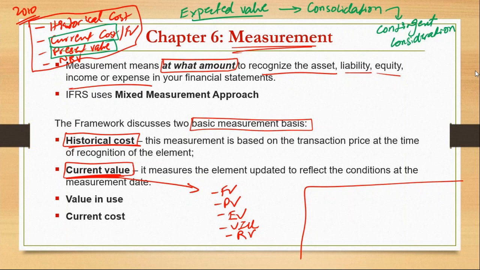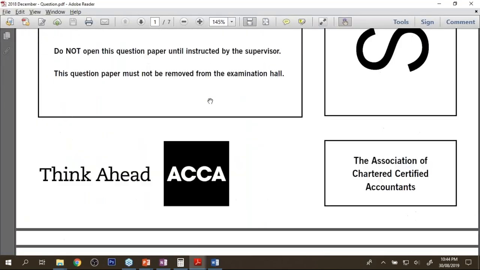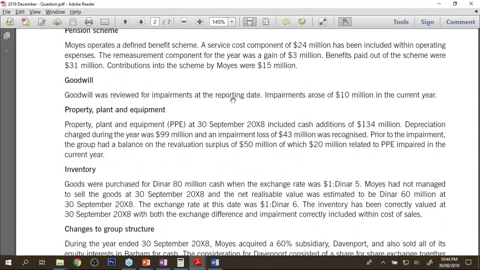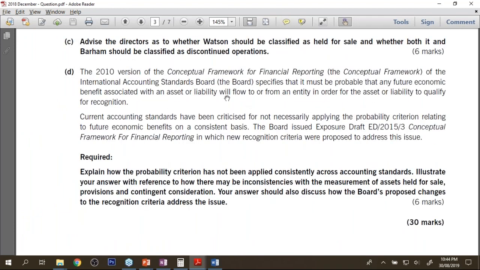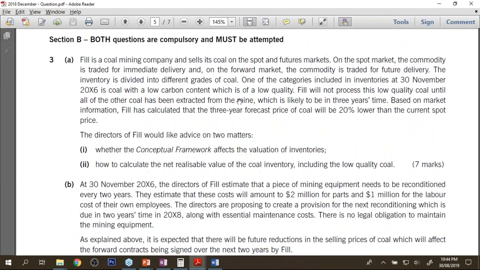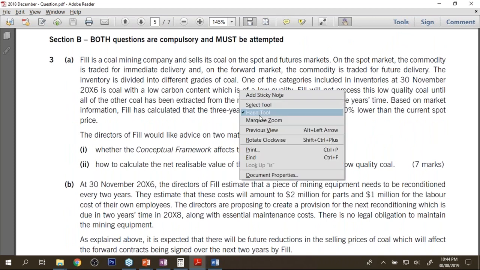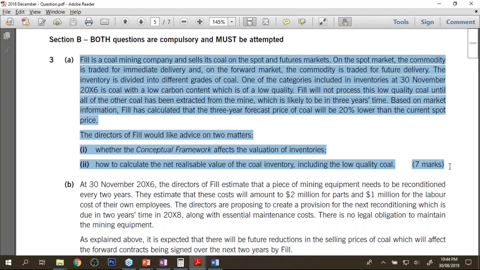So let me open a past paper question. It is December 2018. Let me go down. And let's say we are taking this question by the name of Phil. This is a 7-mark question.